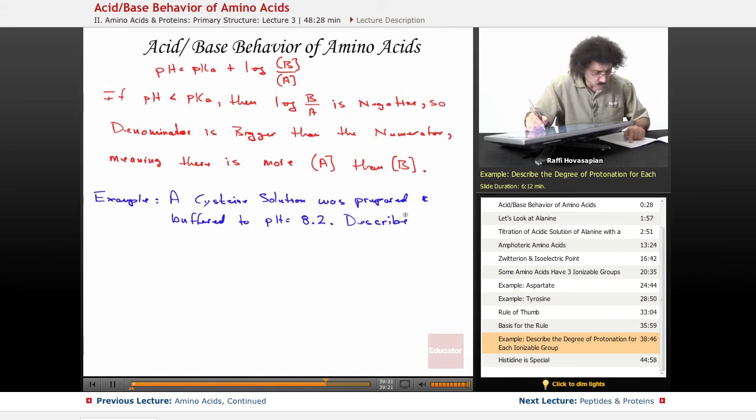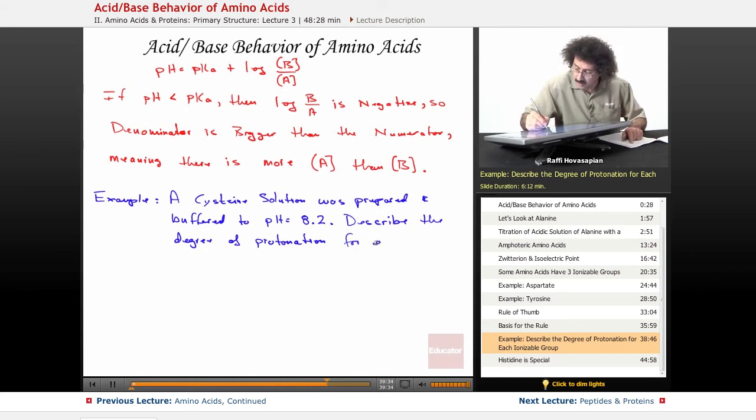I would like you to describe the degree of protonation for each ionizable group.